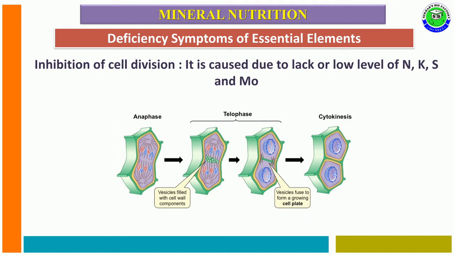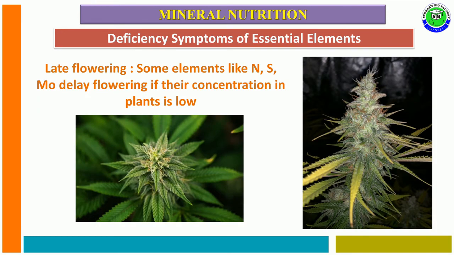In a plant body, the cell division process may be inhibited due to lack or low level of nitrogen, potassium, sulfur and molybdenum. In some plants, late flowering can be seen due to deficiency of nitrogen, sulfur and molybdenum, if their concentration is low. So these are the various deficiency symptoms of elements in the plant body.